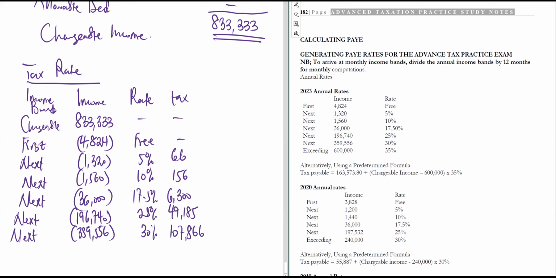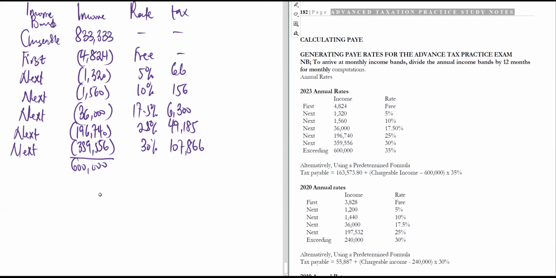Then the excess. When you add all these up, they come to 600,000, right? So when we say excess, it means we are comparing it to the 600,000. What's the excess amount? 233,333.